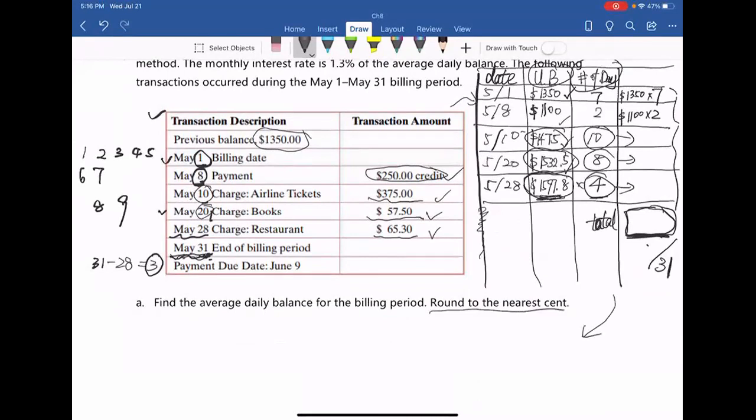So I just copy my previously calculated information, the answer here.